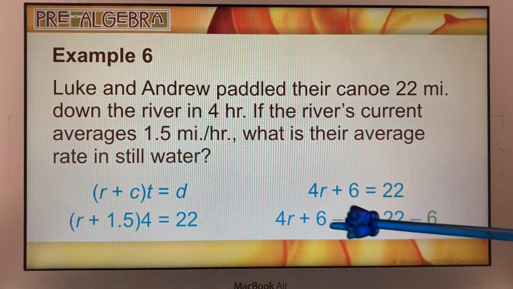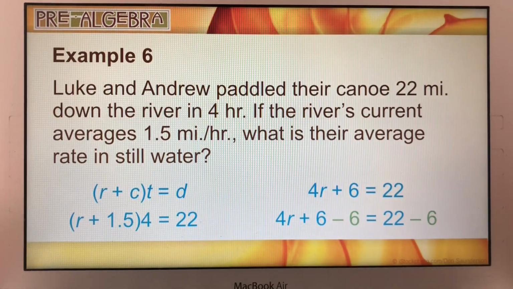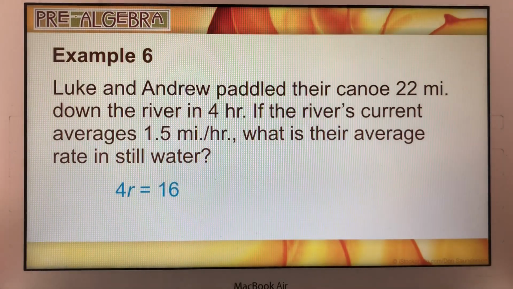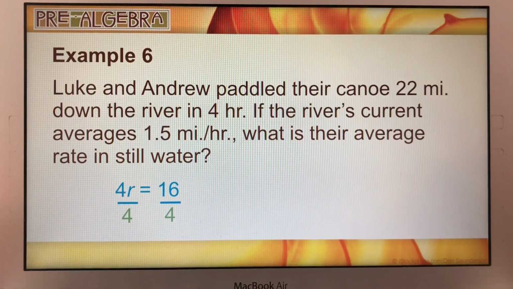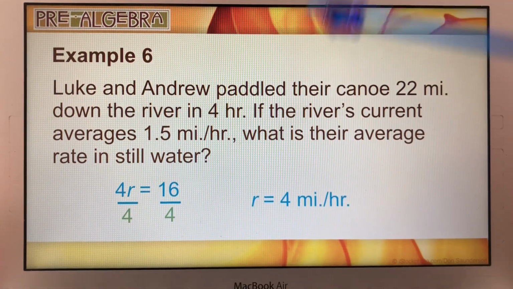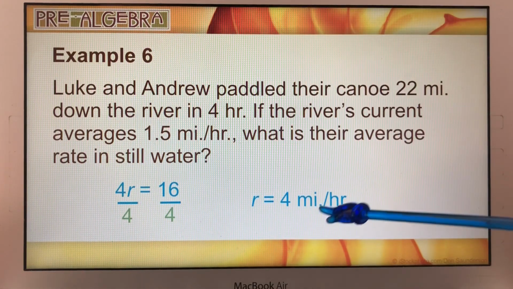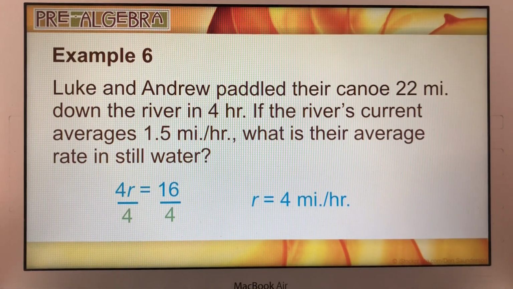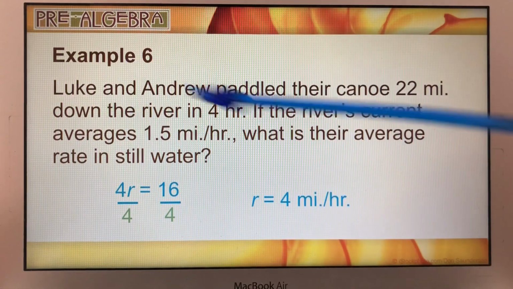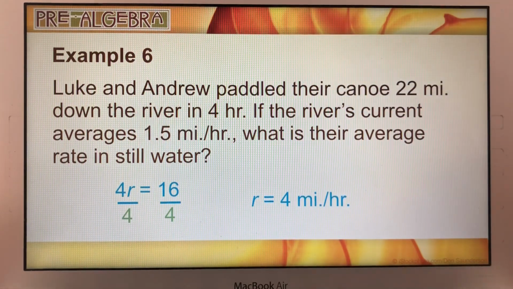We're going to subtract 6 to move it over to the other side of the equation, and 4R is equal to 16. In order to solve for R, divide by 4, and we get the rate is 4 miles per hour. And that's the rate that Luke and Andrew are paddling their canoe.